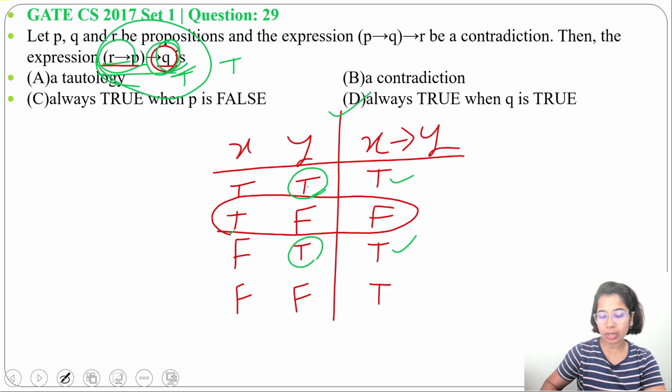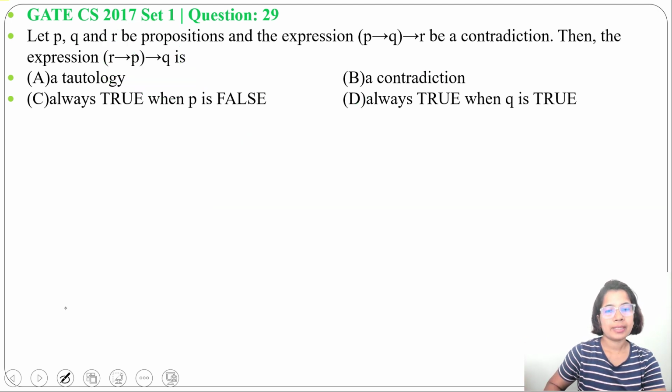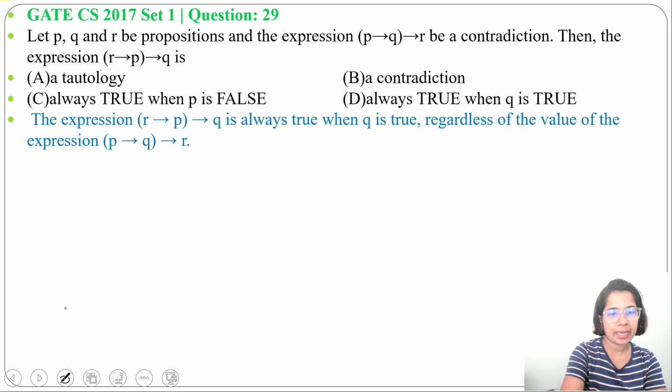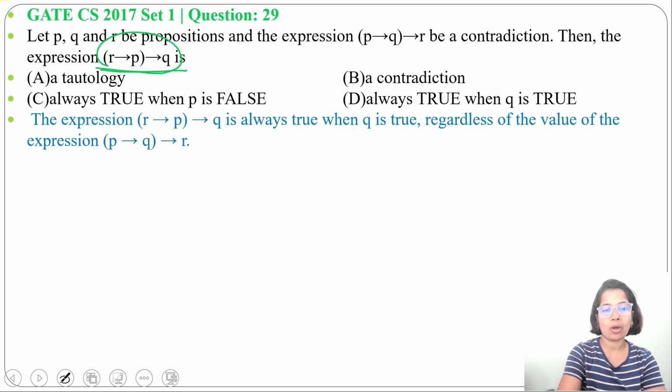So the answer will be option D. It is always true when Q is true. So in case of any implication, it is always true when the second part is true. This is one way to solve. So directly from this implication, R implies P, whole implies Q, we can say it will always be true when Q is true. The answer will be option D.